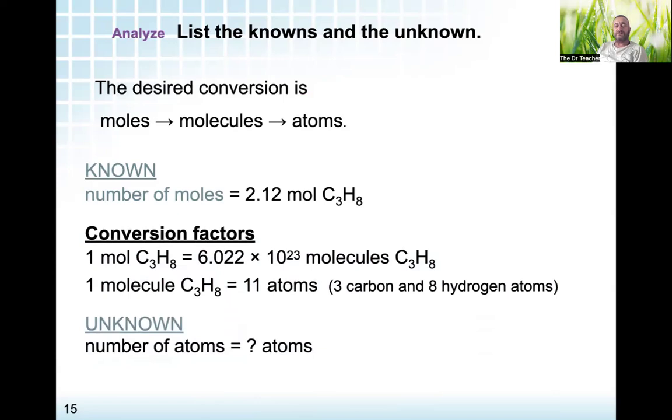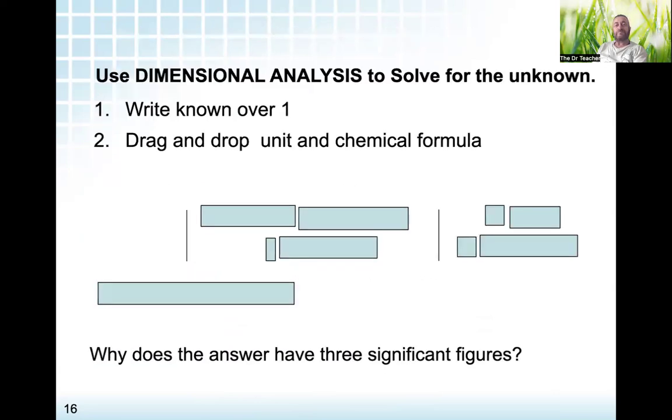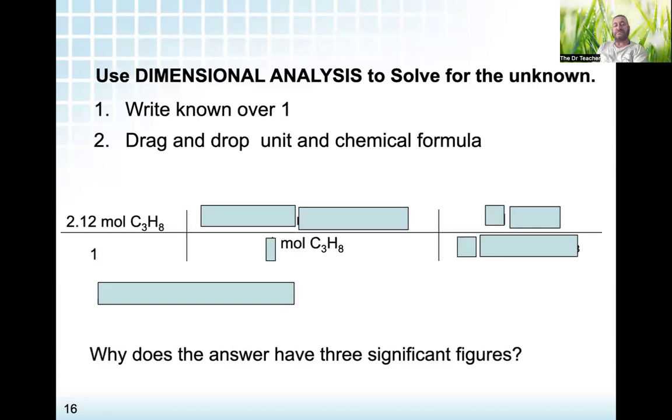In 1 mole of propane there is the Avogadro number of molecules. And 1 molecule of propane equals 11 atoms, because inside we have 3 carbon and 8 hydrogen, together 11 atoms. So the number of atoms equals what? We can use dimensional analysis.